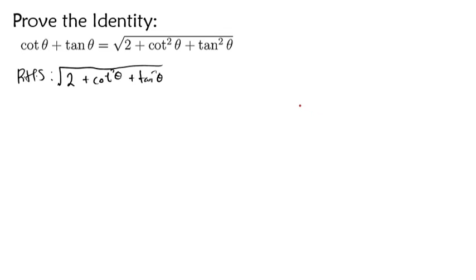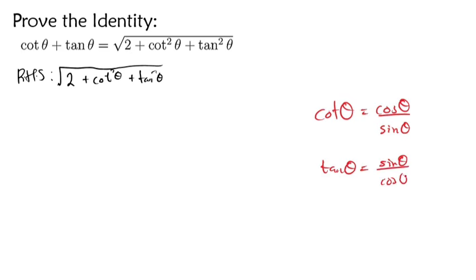So what do we know about cot? We know that cot is simply cos over sine. And then we know that tan is sine over cos.